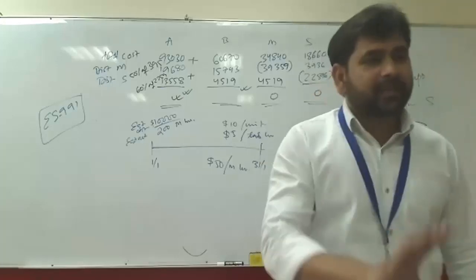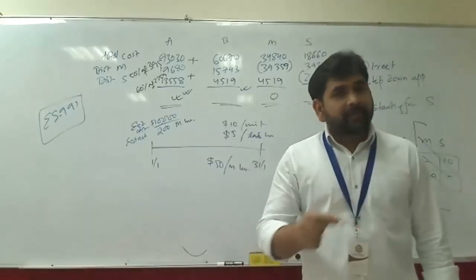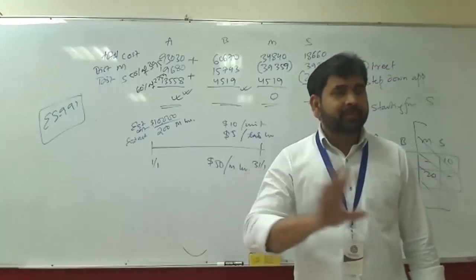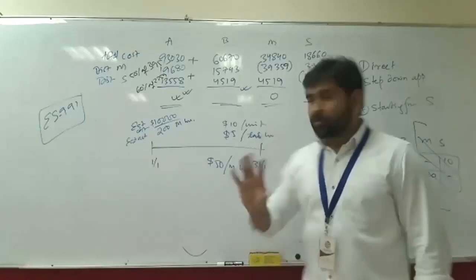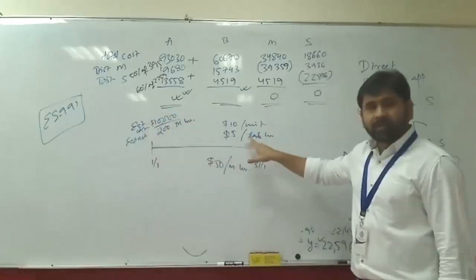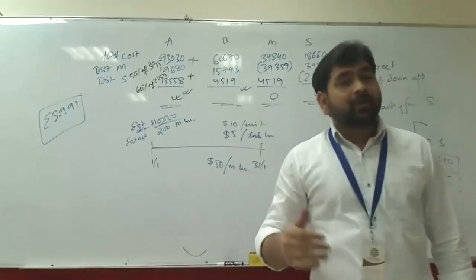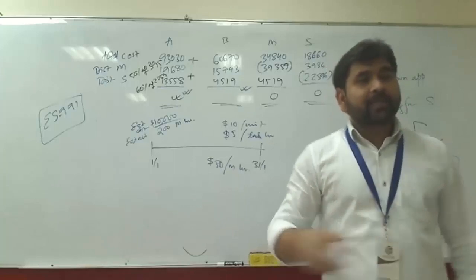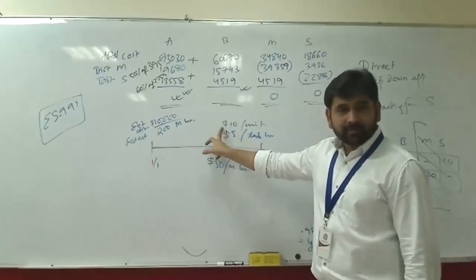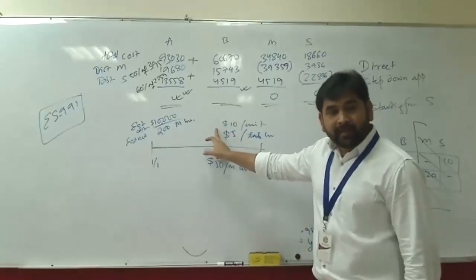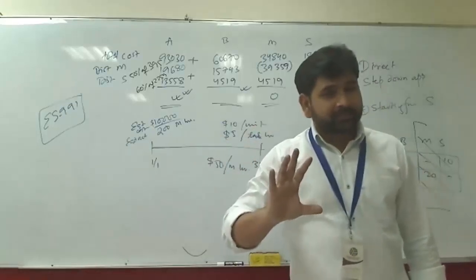Now listen to this carefully; I think this will clarify the doubts. In actual costing, the money that you are spending, you record that. No estimation, nothing. Whatever is the expense, write that. When you are talking about budgeted, you calculate this $10 per unit and then multiply it with the actual production.